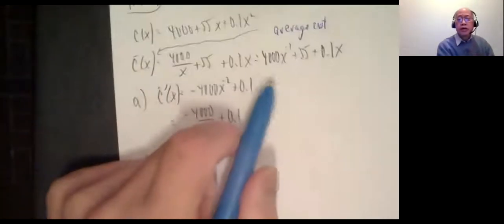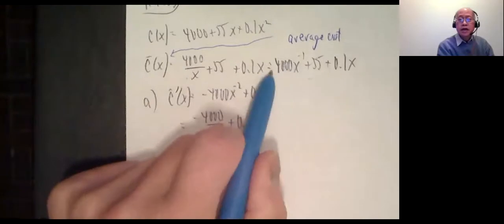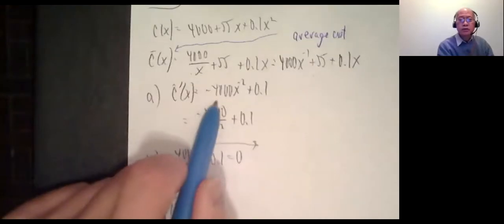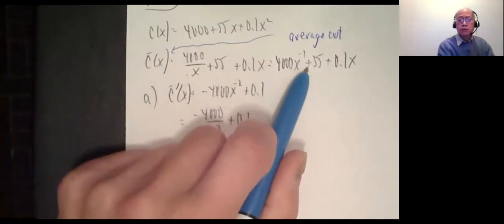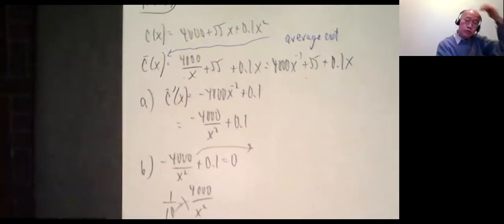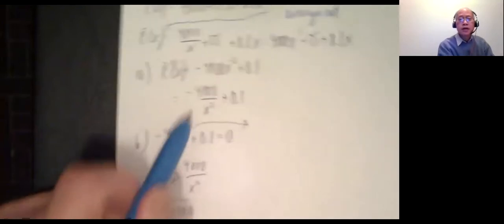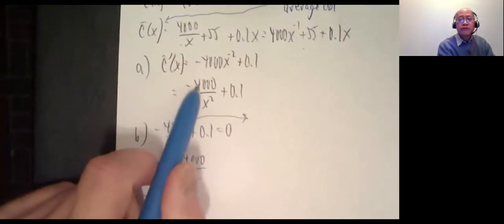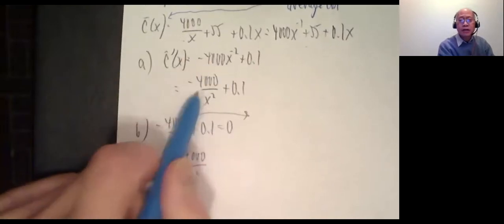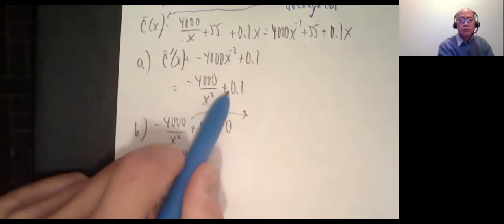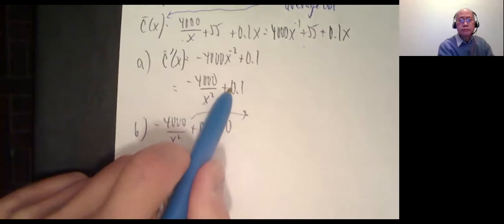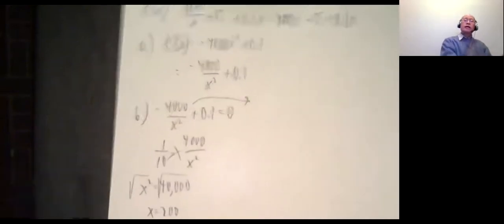C bar. Okay, so what's the derivative of this? Negative 4,000 x to negative 2. Derivative of 55 is 0. Derivative of 0.1x is 0.1. Clean it up. Negative 4,000 x to negative 2 means negative 4,000 over x squared plus 0.1. All right, now they want us to set that equal to 0.